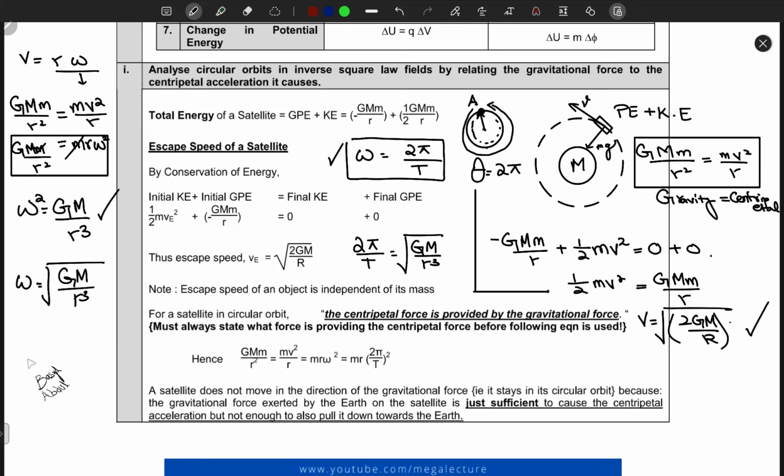So we have 2 pi times the square root of r cube by GM is equal to T. From this, if you square both sides, you can say T squared is 4 pi squared r cube over GM. And this gives you Kepler's third law, which is T squared is proportional to the cube of the radius.